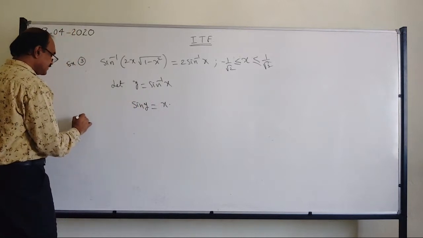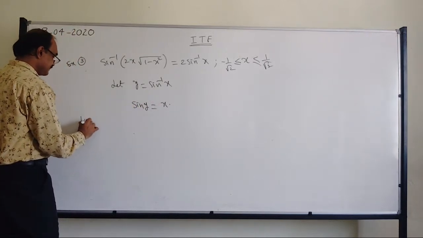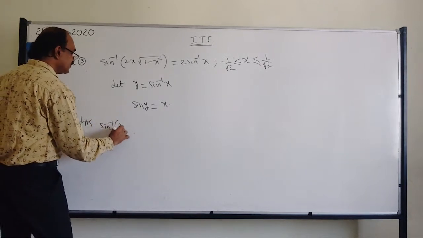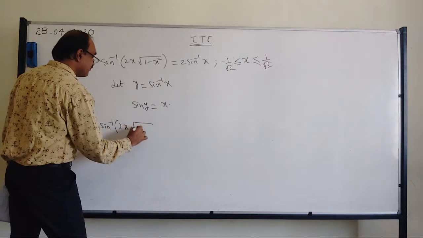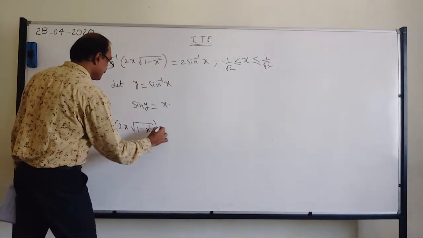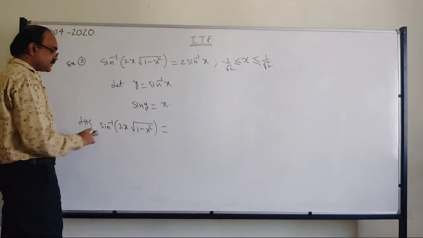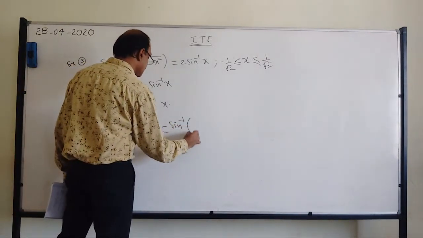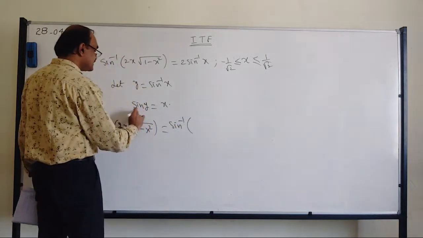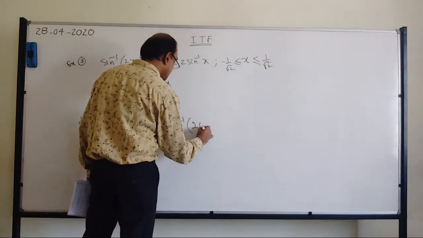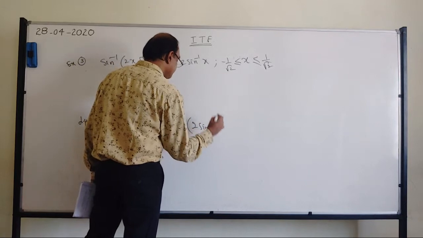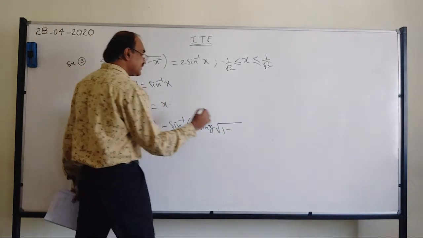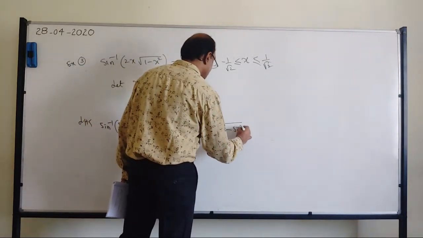Now take LHS. What is LHS? That is sin inverse of 2x square root of 1 minus x square. Now what is x? Substitute that here. So sin inverse, in place of x you can write sin y. 2 times sin y, square root of 1 minus, in place of x you write sin square y, because it is x square.